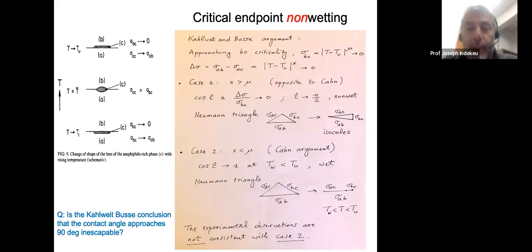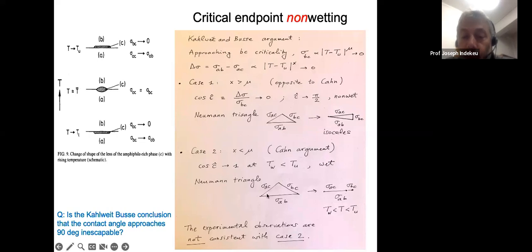To the contrary, a 90-degree contact angle is a neutral value for the angle. So this is the first possibility that they consider. The second possibility they consider is exactly the condition conjectured by Cahn, and that is that x is less than mu, and that the cosine of C hat then goes to unity at some temperature before we reach the suspicious critical endpoint.